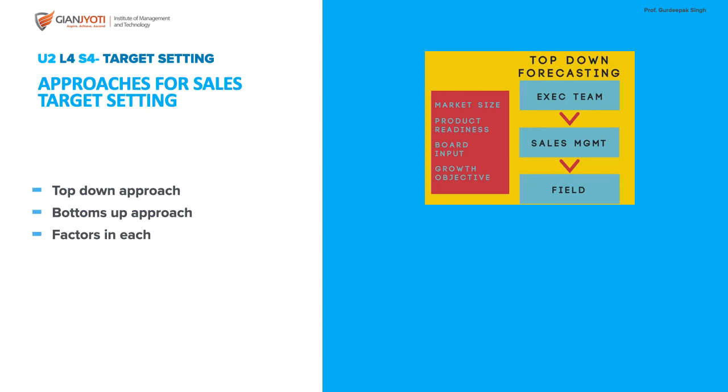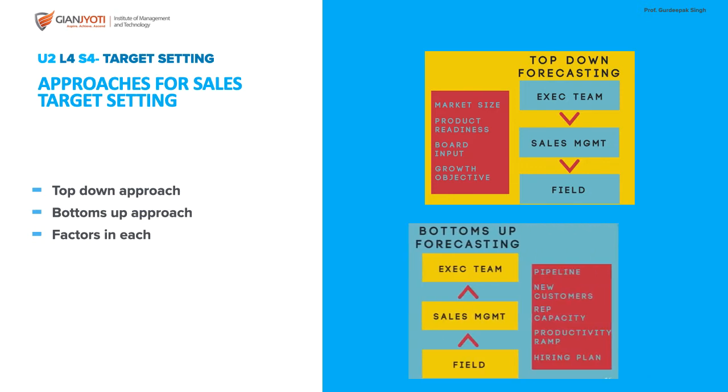The factors they consider while deciding the sales number are the size of the market, product readiness, whether the product is ready to be in the market, the BOD, Board of Directors input, and the company's growth objective. Once they decide, they convey that to the lower level and then to the field staff.